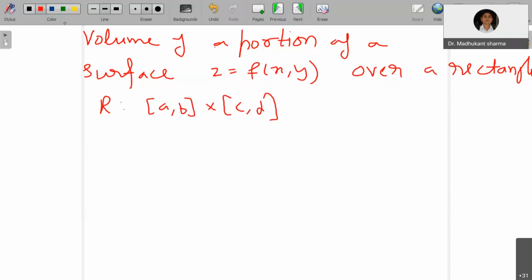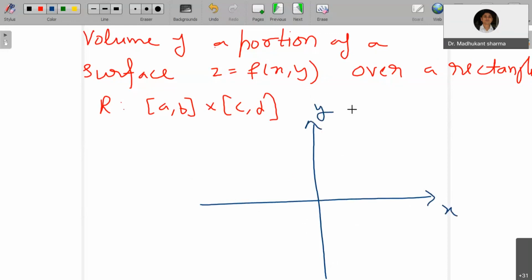I will just draw this so that you can easily visualize it. The first interval corresponds to x, so x equals a to x equals b, and this is y equals c to y equals d.